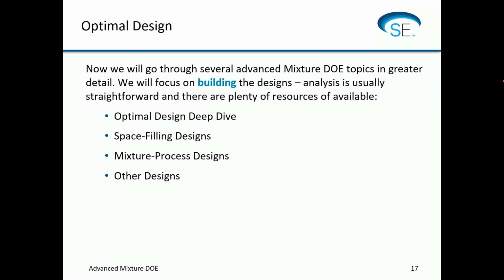But there's also a ton of resources available. What we're going to start with is a deep dive on building and setting up optimal designs here. I'll also talk about some other designs, for example, space filling designs. And then we'll do a deep dive on mixture process designs. And then finally, I'll mention a couple other designs that you might run into down the road.